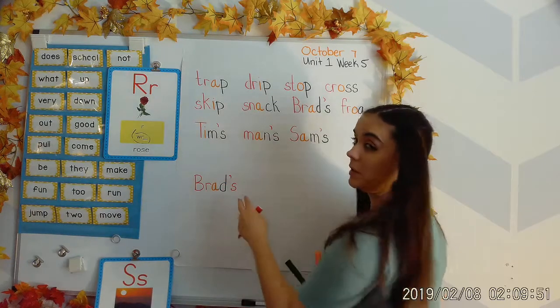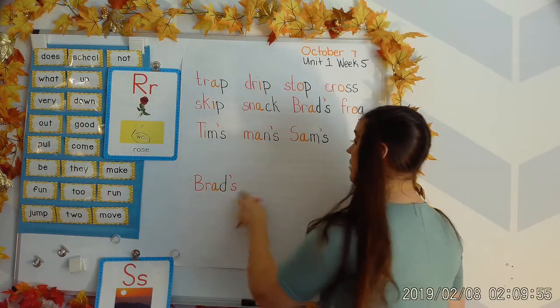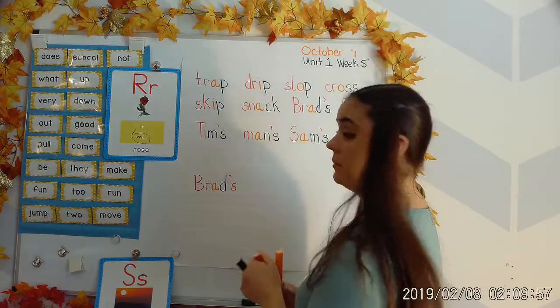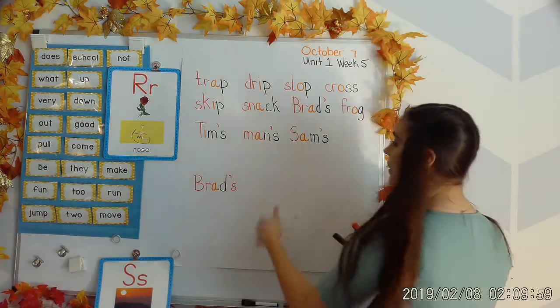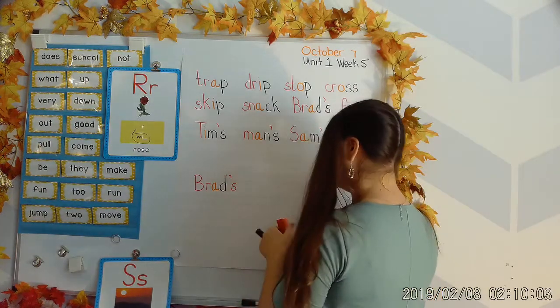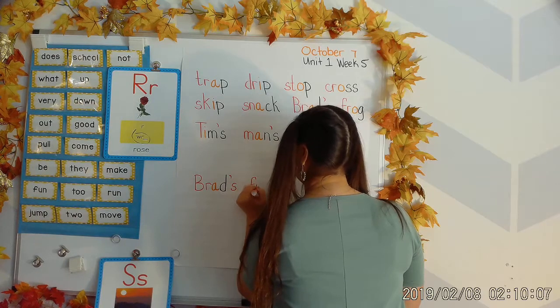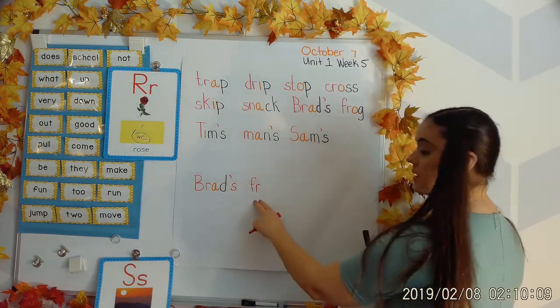Okay. And now I have what word? Brad's. So remember that apostrophe means that something belongs to Brad. I wonder what is going to belong to Brad. FR says fr.